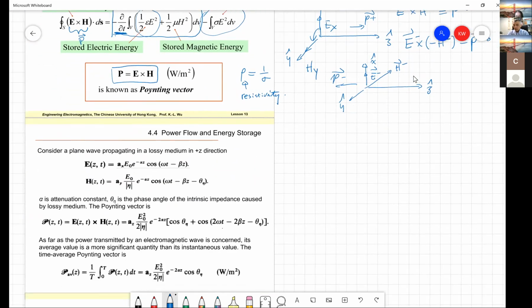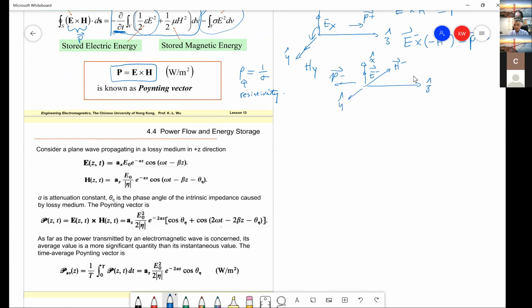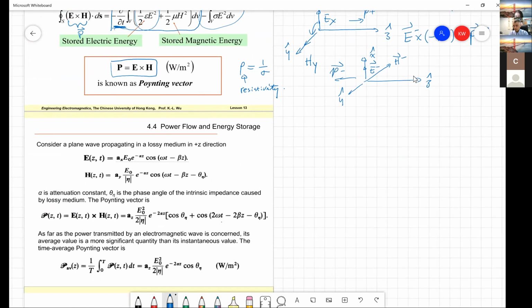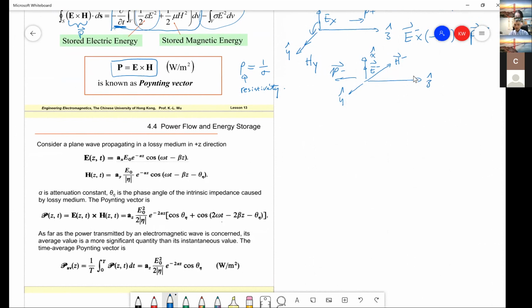Okay, let's take a few examples. Assume we have a plane wave. This plane wave we assume propagating in the positive Z direction, with the electrical field polarized in the X direction and the magnetic field polarized in the Y direction.